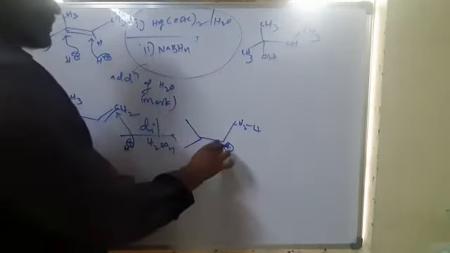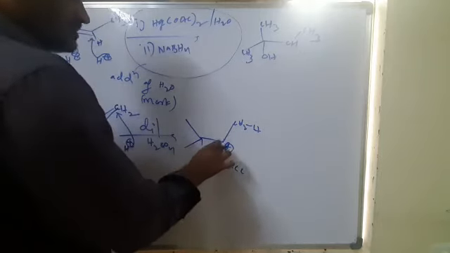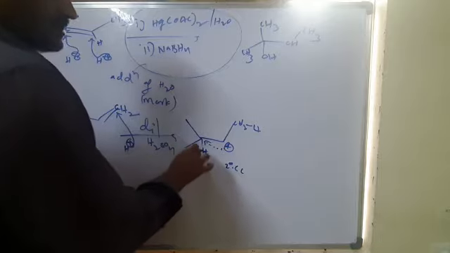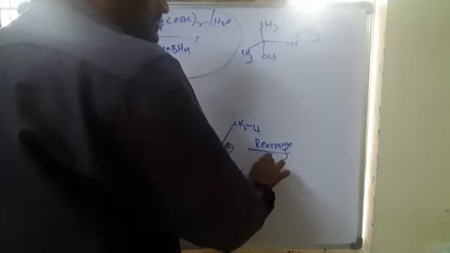This positive charge is a 2 degree carbocation. So here hydrogen is present. This positive charge migrates here and hydrogen migrates here. That is called rearrangement, carbocation rearrangement. So now we will get the positive charge here. This is a 3 degree carbocation. Now after this, from water, OH minus attacks here. Okay.